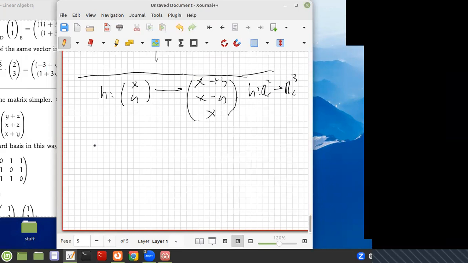Well, what's the matrix H if we choose the standard basis here and the standard basis here?